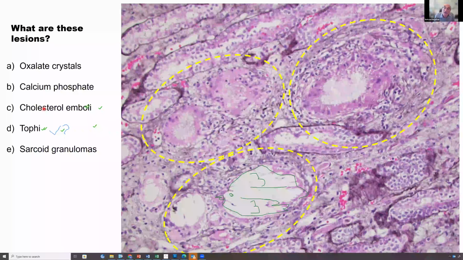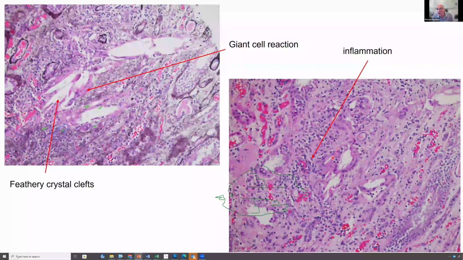But these are tophi, and we have more of them. As you can see, there were a good number of those. Again, feathery crystals, or crystal clefts, better saying. And this is very typical of urate crystals.